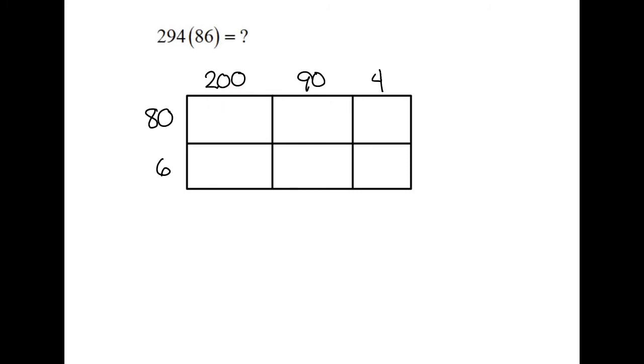Okay, so 200 times 80 is going to go in here, right? So we're going to do 2 times 8 is 16, and then 1, 2, 3 zeros. Okay, now 6 times 200 goes here. So 6 times 2 is 12, and then the 2 zeros.